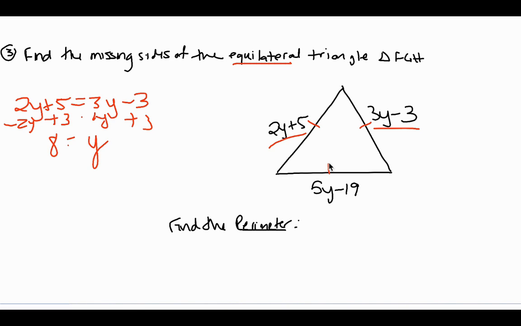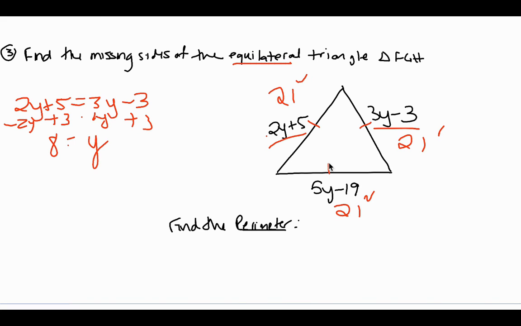And I love this problem because we can actually check and make sure that we did our algebra right, because all three of these should come out to the same value. 2 times 8 is 16, plus 5 is 21. 3 times 8 is 24, minus 3 is 21. 5 times 8 is 40, minus 19 is 21. So this one checks out.